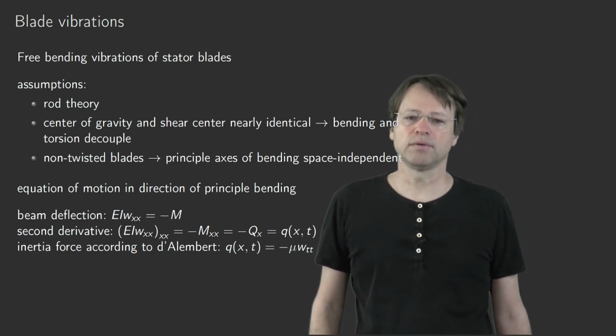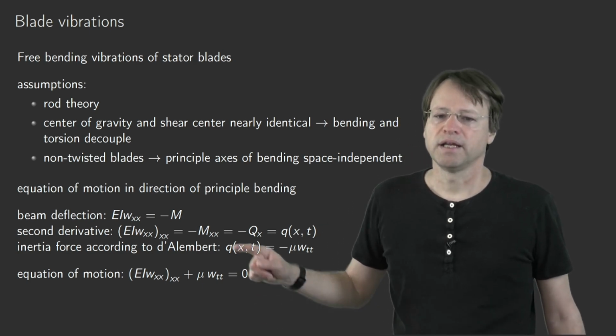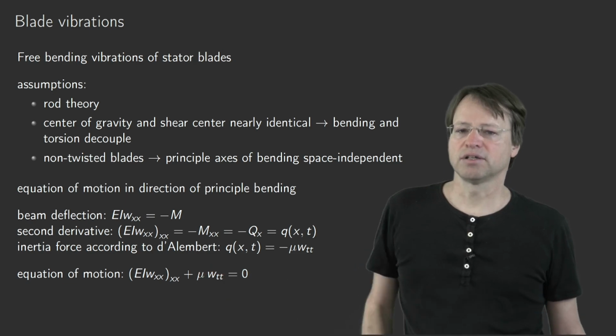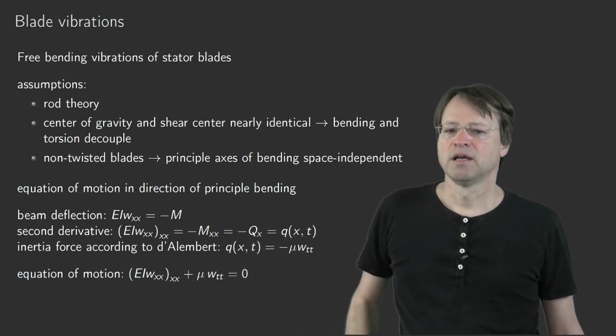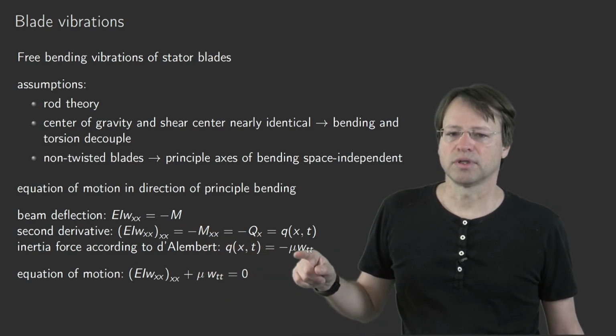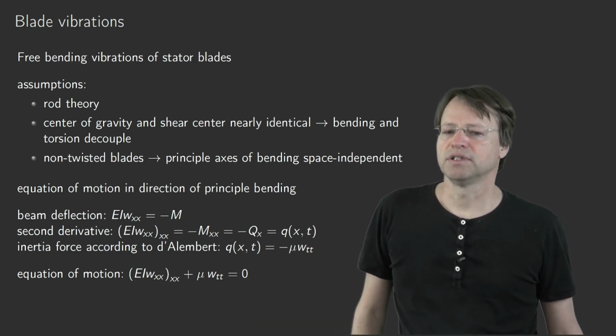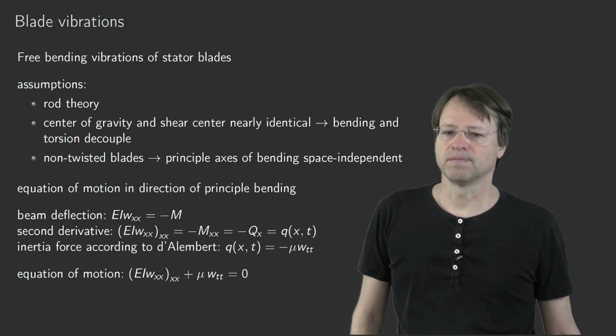And then we obtain the following equation of motion. It's E times I, W_xxxx, the fourth derivative, plus, due to the negative sign, plus mu W_tt, and that's equal to 0.